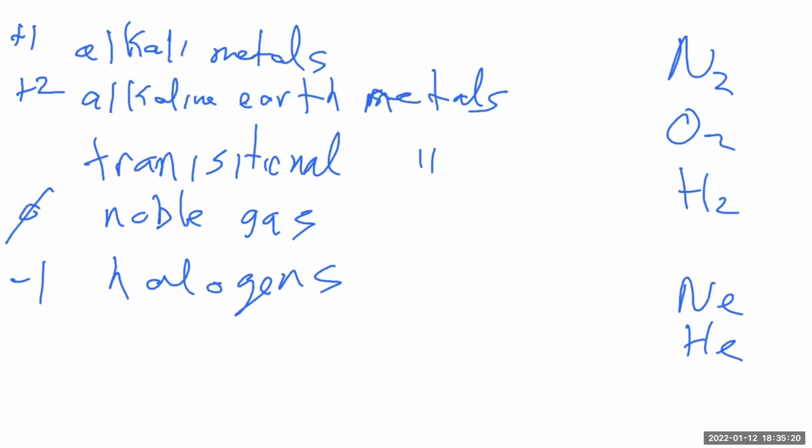Then your column that starts with carbon, that's going to be neutral. That's what forms all your organic chemistry. Then your column 5A, which starts with nitrogen, then phosphorus, then arsenic, that's always going to be -3. The oxygen column, family's going to be -2. The halogens are -1, and noble gases are 0.